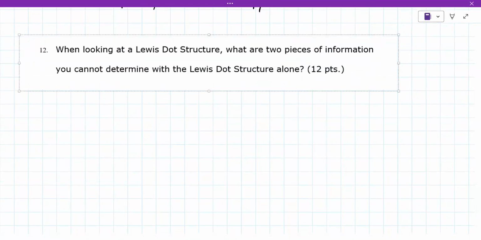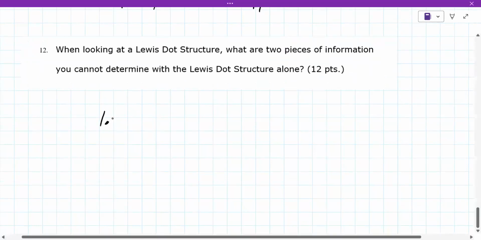When looking at a Lewis dot structure, what are two pieces of information you cannot determine with the Lewis dot structure alone? They're trying to tell you what you cannot figure out. It does not tell you the total number of electrons.